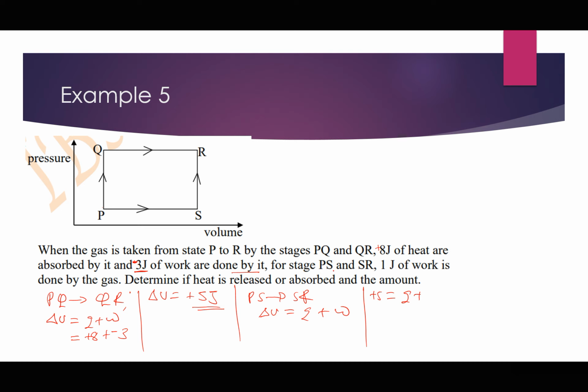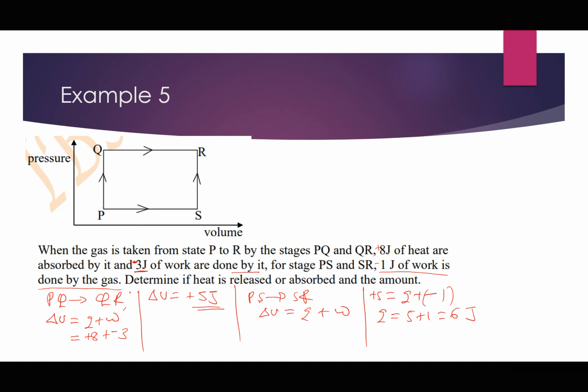For stage PS and SR, 1 joule of work is done by the gas, so this is negative because it is done by the gas. That will be minus 1. When I make Q the subject, Q will be 5 plus 1, which is equal to 6 joules.